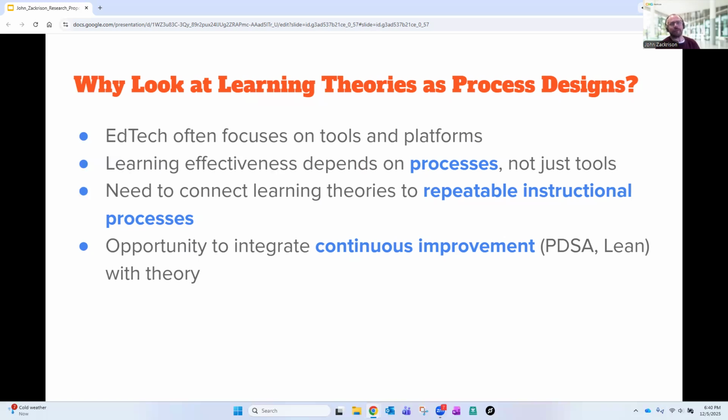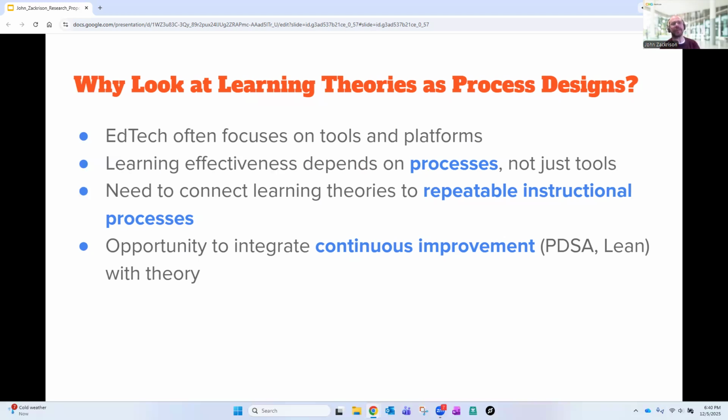So the rationale of this study really is to look at the learning theories that are especially useful when we interpret them as process designs, as patterns of tasks, feedback, and interaction that can be implemented and improved. At the same time, improvement science and lean thinking emphasize standard work, data, and plan, do, study, act cycles, or you'll see that as PDSA cycles.